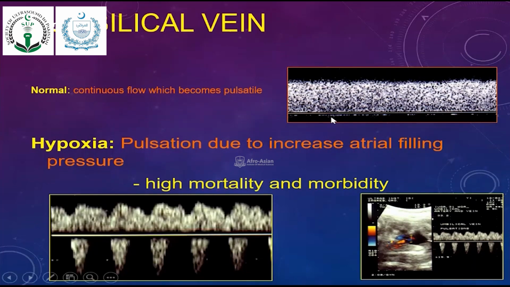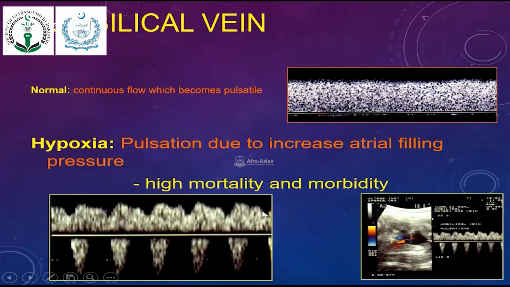If we get a vein like this, this is an artery with absent diastolic flow. And here is the vein. Instead of being continuous like this, it is giving us phases. So there is pulsatility in the vein, which indicates hypoxia leading to asphyxia.